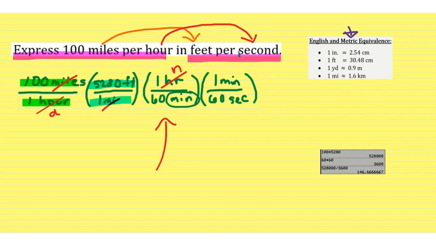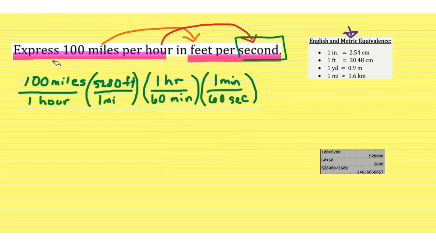Minutes is not what I want. I want to get to seconds. So that means I'm going to eliminate minutes by using the conversion factor 1 minute is equivalent to 60 seconds. Okay, so then minutes and minutes will cancel out. Okay, so let's erase all this stuff so we can clearly see what we've come up with.